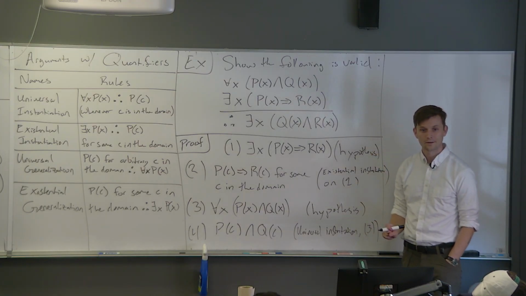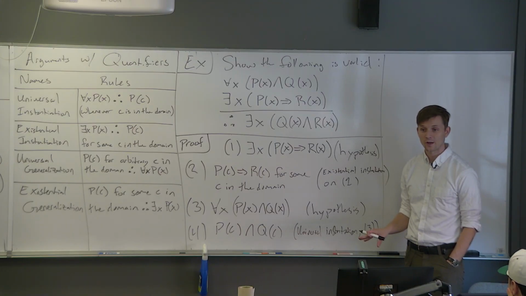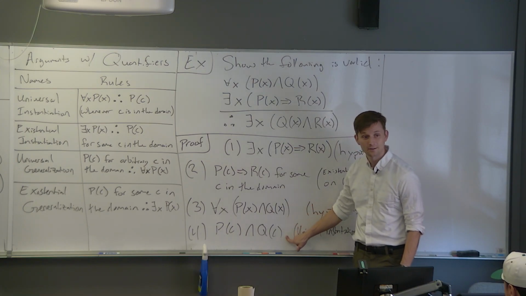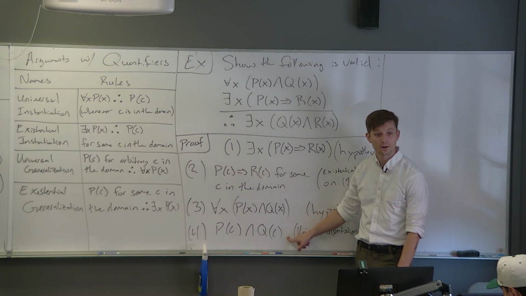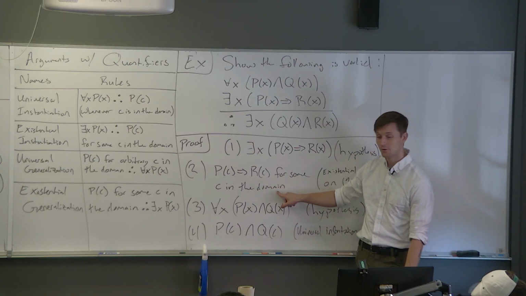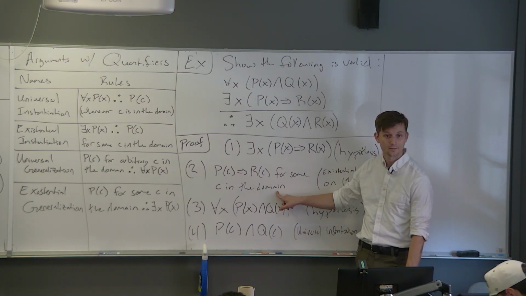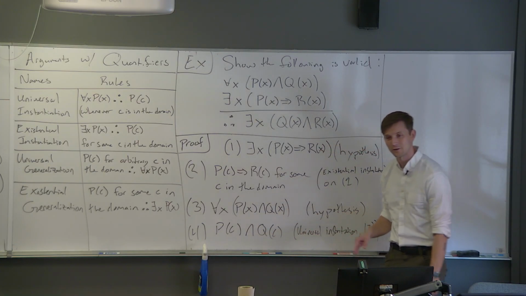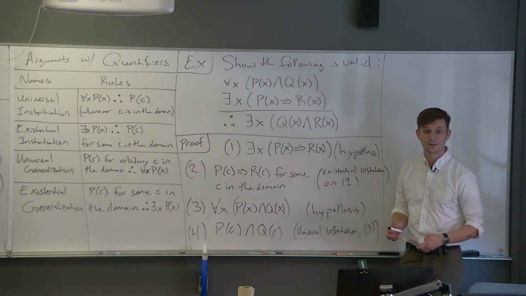So I claim that this is an easier way to go about it, since if you had started with this one and then said this, it would not have been clear that the c you instantiated here was the same c that you do here. If you had started with these ones and been like, oh, p of c and q of c, which c?